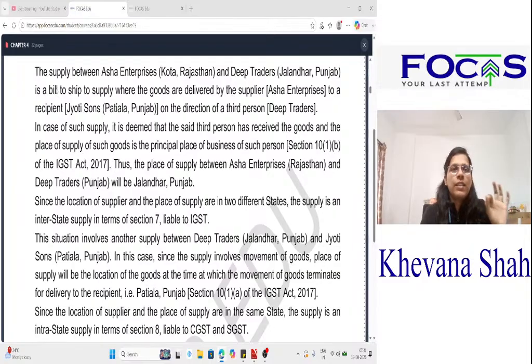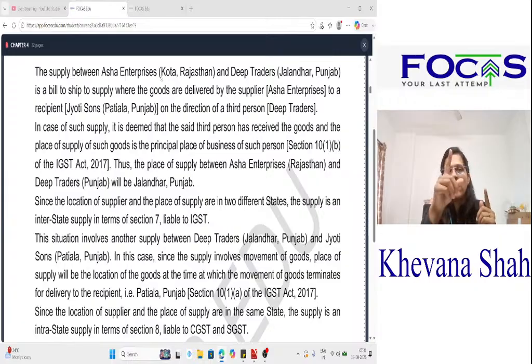The supply between Asha Enterprises and Deep Traders is a bill to ship to supply where goods are delivered by the supplier Asha Enterprises to recipient Jyoti Sons on the direction of a third person, Deep Traders. In such a supply, it is deemed that the third person, that is Deep Traders, has received the goods and the place of such goods is the principal place of business of such person.